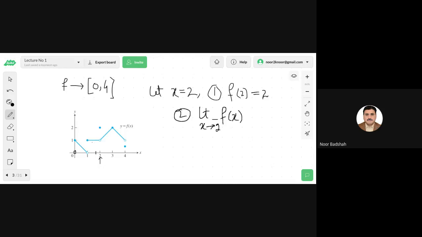What about the value of y? That will be taken here. Value of x is this one, value of y is this one. So as I take the values of x approaching 2, what are the values of y approaching? It is 1. You see this point, it is 1.